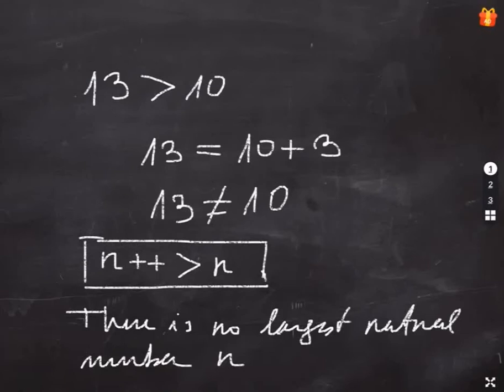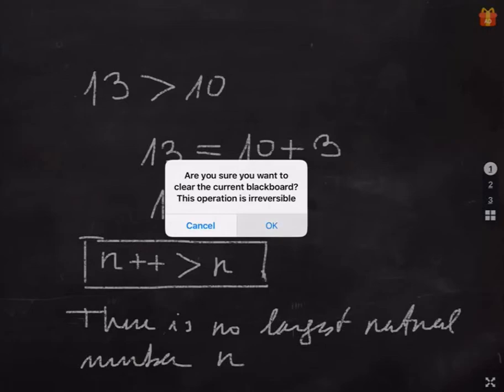And now we go to the basic properties of order for natural numbers. The first one is that the order is reflexive: a is larger or equal to a.